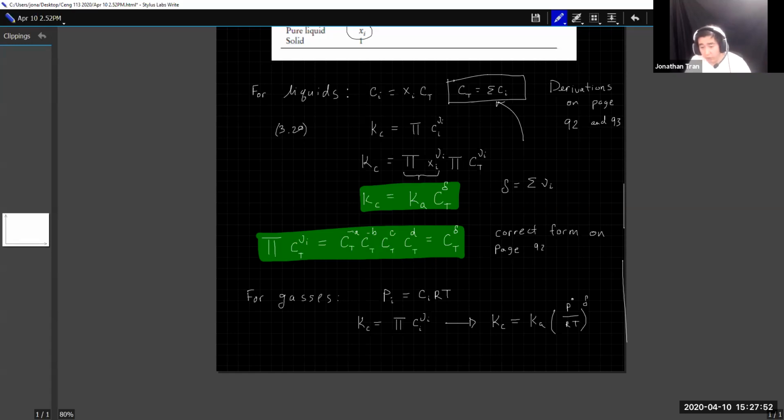The kind of situation where these relationships are going to be useful is if you have a reversible reaction and you were asked to solve, like the previous example, for the rates and the rate laws for individual species. And then we can be asked for Kc and then the corresponding Ka.